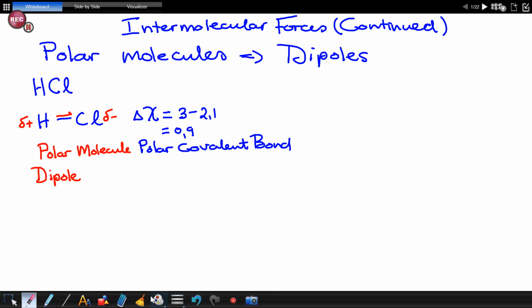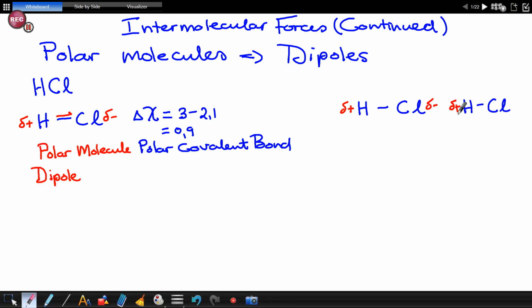So what do you think we would call the intermolecular forces if we have hydrogen chloride molecules close together? Dipole forces. The hydrogen is polarized positively, chlorine is polarized negatively.